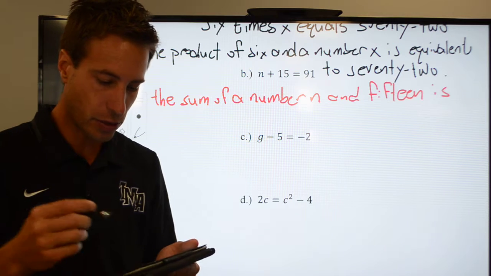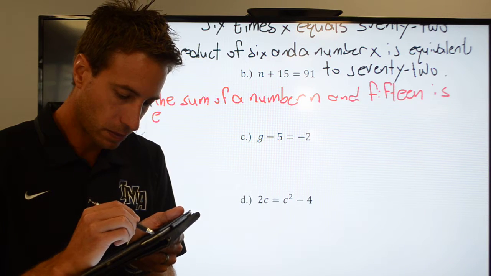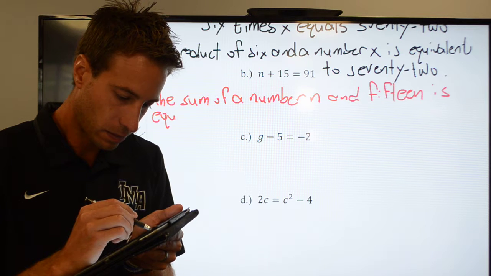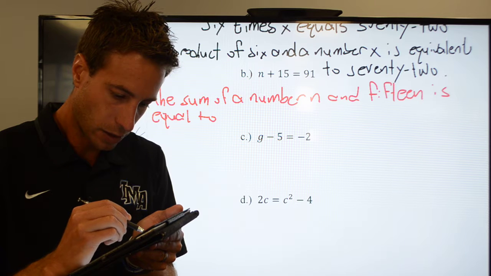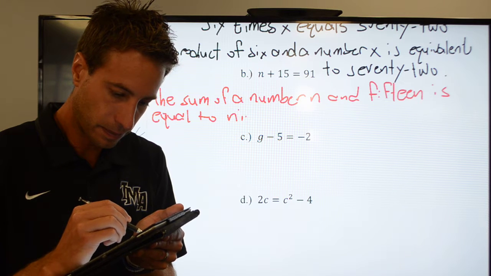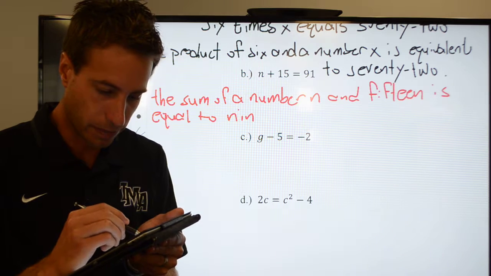Equal is fine. So the sum of a number n and 15 is equal to 91.